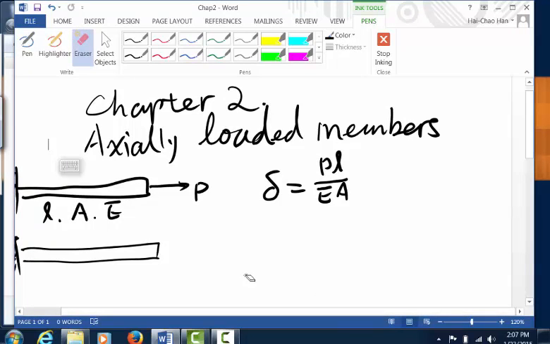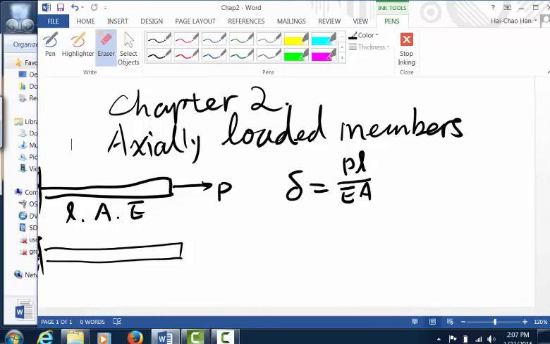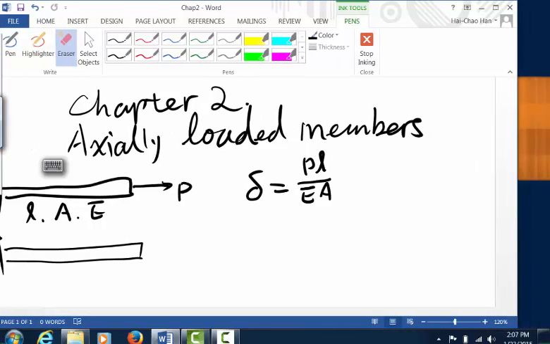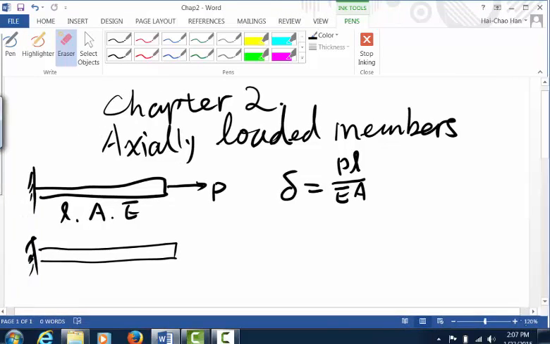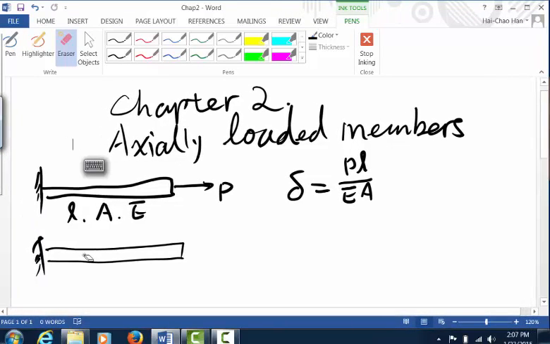Okay, so last time we talked about if you have a bar like this, but somehow there is a hole in the middle of the bar. If there is a hole here, then this bar, we said, will be non-uniform. So you have to divide it into several pieces, calculate their elongation individually, then put them together.